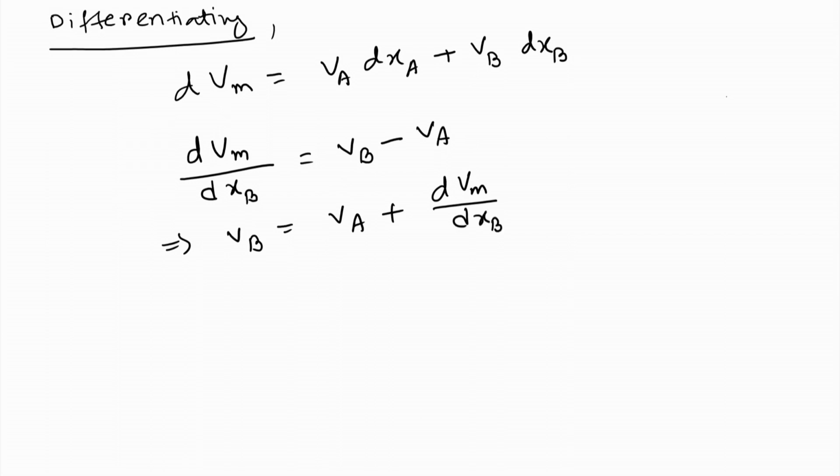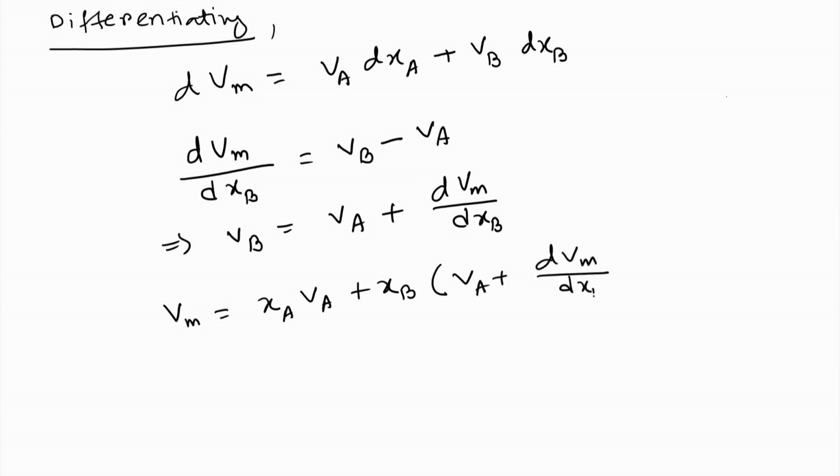Now, if we substitute this Vb, then we get Vm is Xa times Va plus Xb times Va plus dVm by dxb.